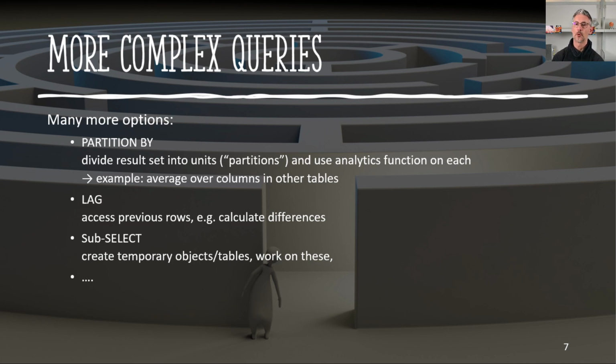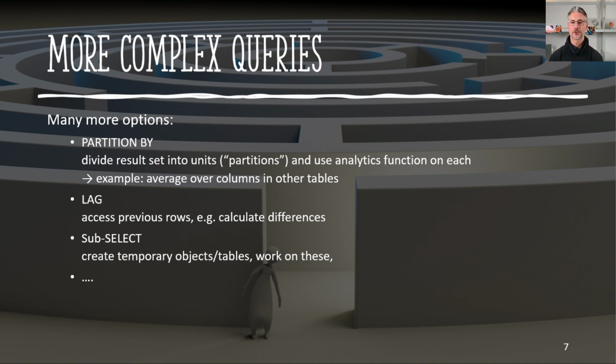Of course, we can build more complex queries. There are many more options, and if you need to, it's better to read up on them as before, just to point you to some of them that you may come across. Partition by divides the result set into units, partitions, and then we use the analytics functions on each of those.